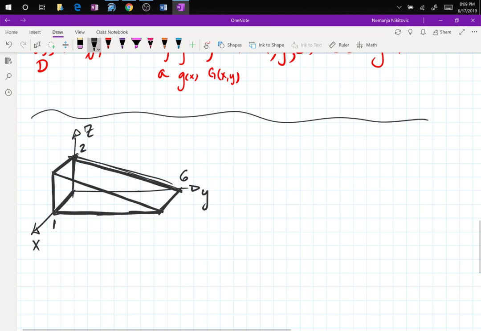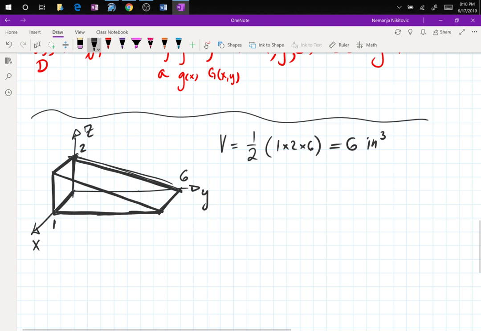So we can actually compute the volume of this without using any calculus by simply saying that this is going to be 1/2 of the 1 times 2 times 6. So it's 6 inches cubed.